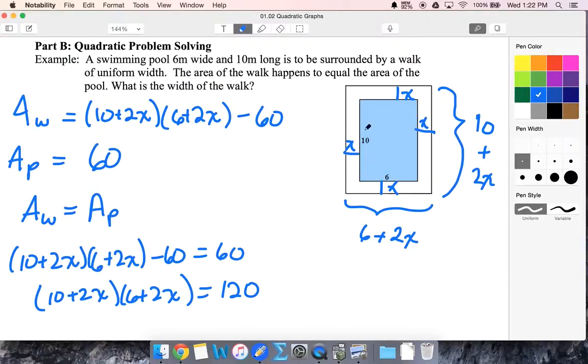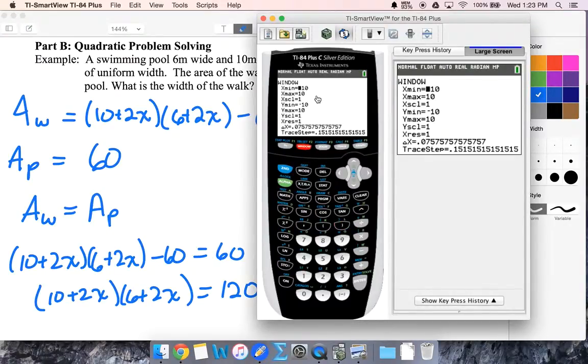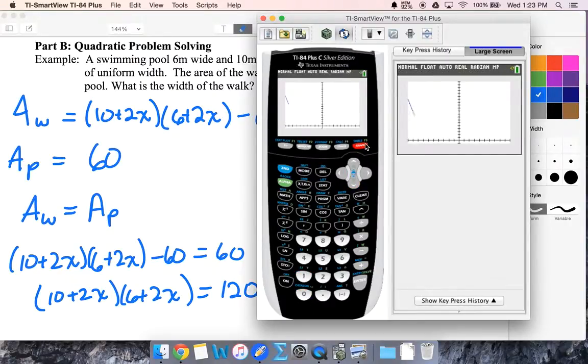Anyway, thinking about a width of a walkway, I'm guessing it's going to be around 1 to 2 meters. So right now, I'm going to leave my window settings for my x. I'm going to go negative 10 to 10, just to have a feel for it. But my y's, I'll keep that negative 10 there, but I'm going to come all the way up to 200. And I'm going to count by 10s, because counting by 1s is way too many. So let's see what that gives us.